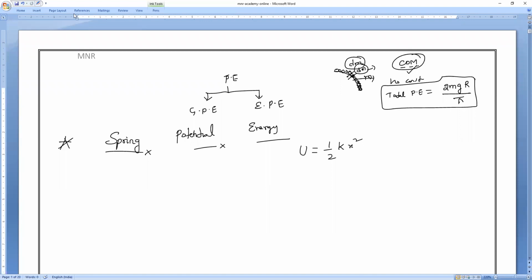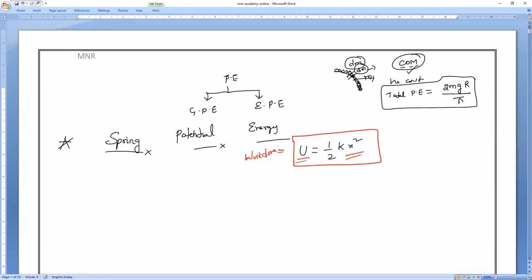K means spring constant. What is k, everybody? K means spring constant, and x means elongation of the spring from its initial point. So it is x square. This is what we call potential energy, which is equal to the work done by the spring.